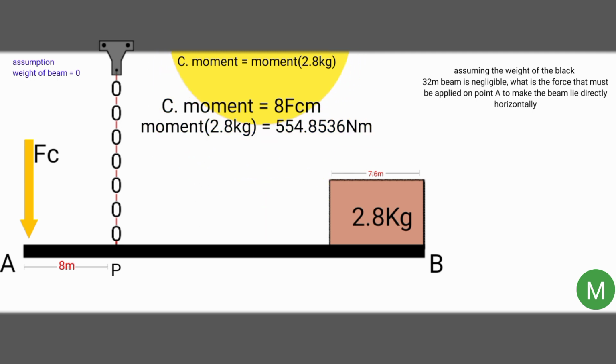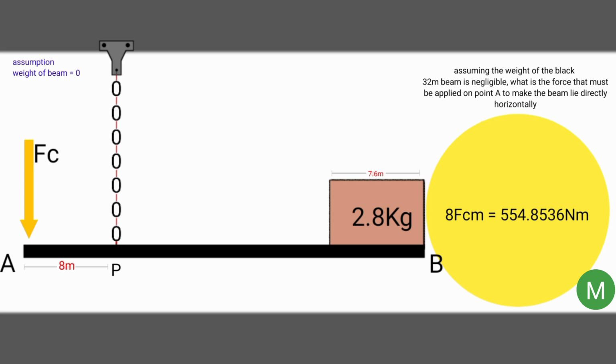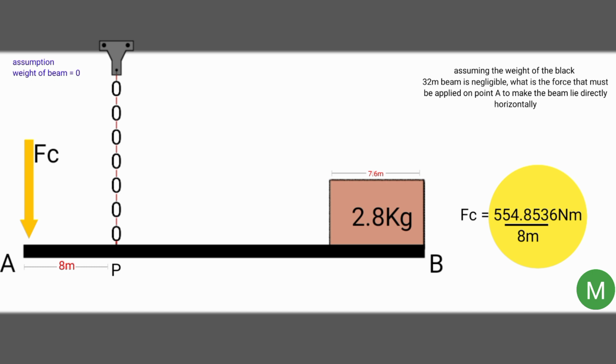Now substituting here now, 8 Fc meters equal to 554.8536 Newton meter. Dividing both sides by 8 meters, 8 Fc meters over 8 meters equal to 554.8536 Newton meters all over 8 meters. Here, 8 cancels 8 and m cancels m, while here also m cancels m.